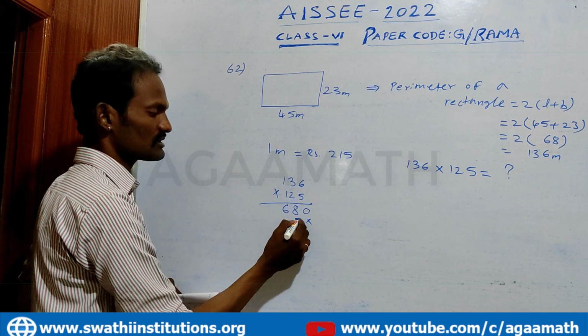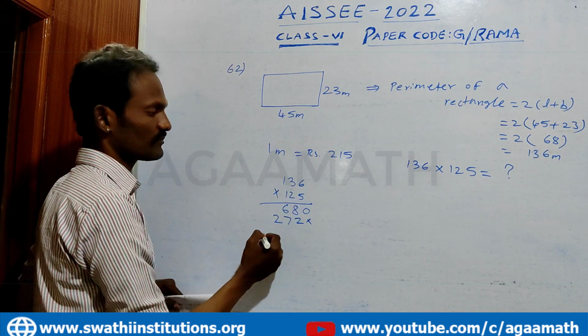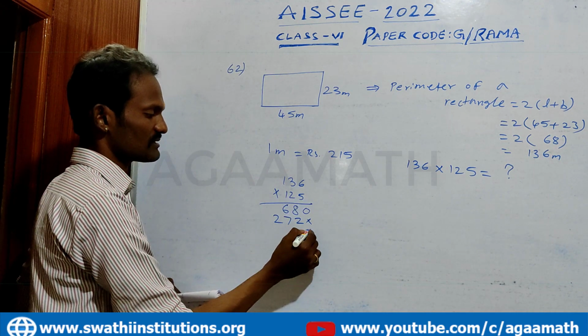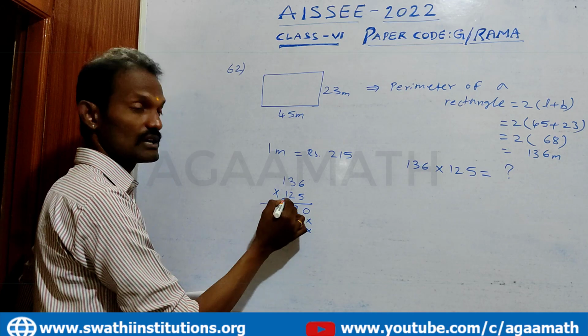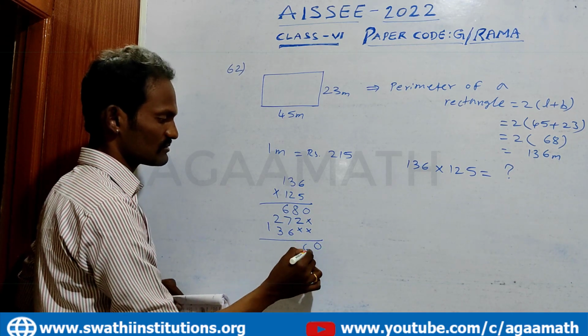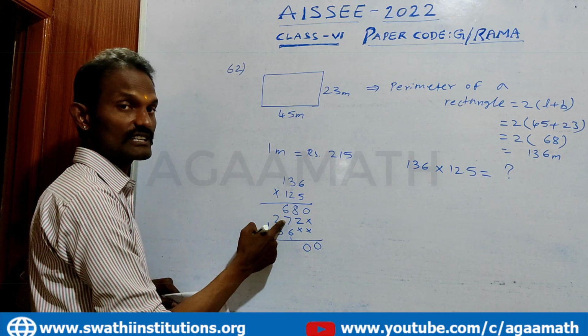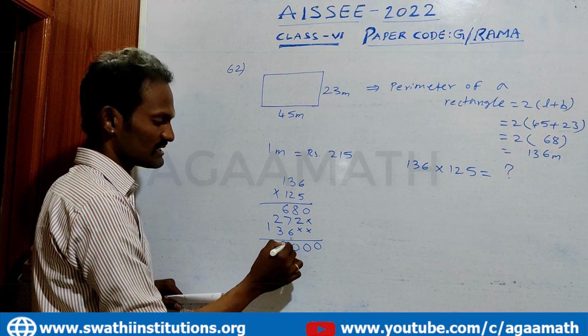Next, 2 times 6 is 12, 1 remains, 2 times 3 is 6 plus 1 is 7, 2 times 1 is 2, and so on for the hundreds digit.